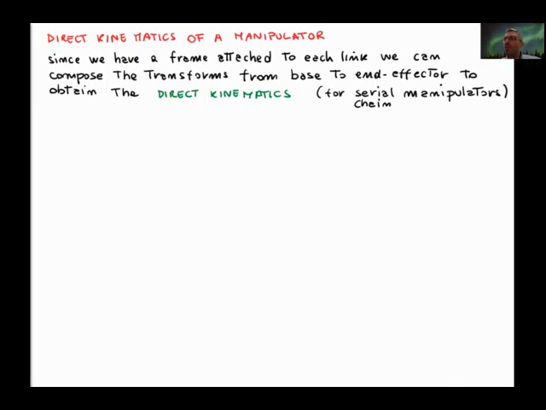So now that we have placed our link frames and joint frames along the structure, we can compose all the transformations from base to the end effector and obtain the direct kinematics for a serial manipulator chain.